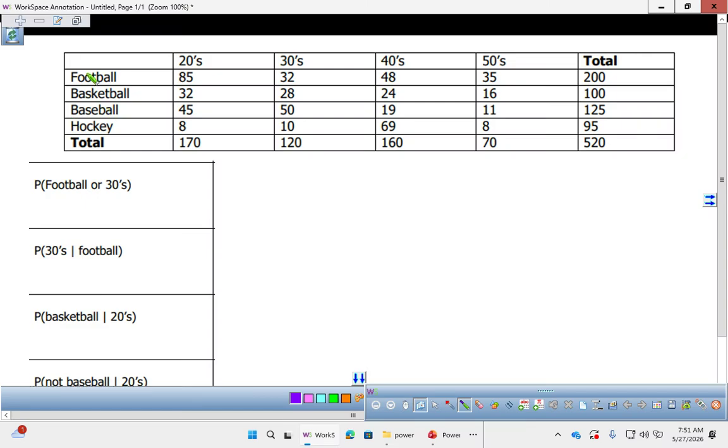All right, so football, 30s. You can see that they cross up there, which means this is overlapping probability.